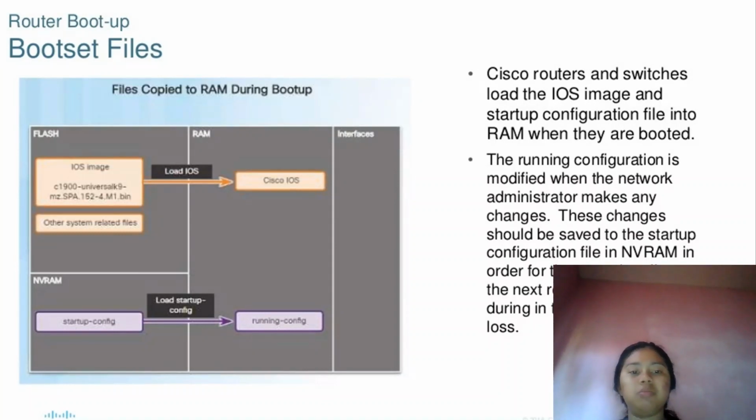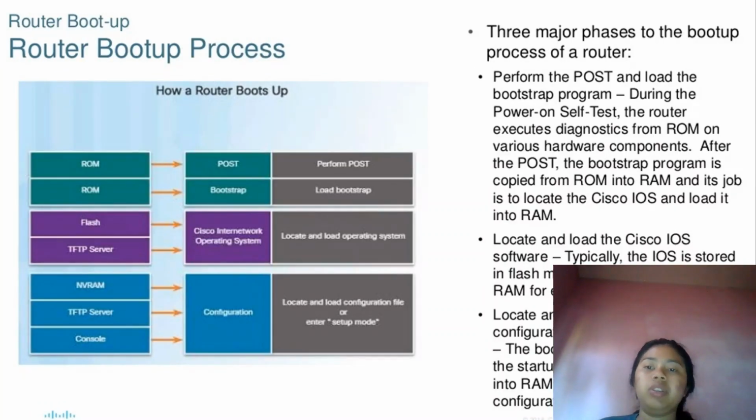These changes should be saved to the startup configuration file in NVRAM. Router boot process. There are three major phases to the boot up process of a router: perform POST and load the bootstrap program, locate and load Cisco IOS, locate and load the startup configuration.